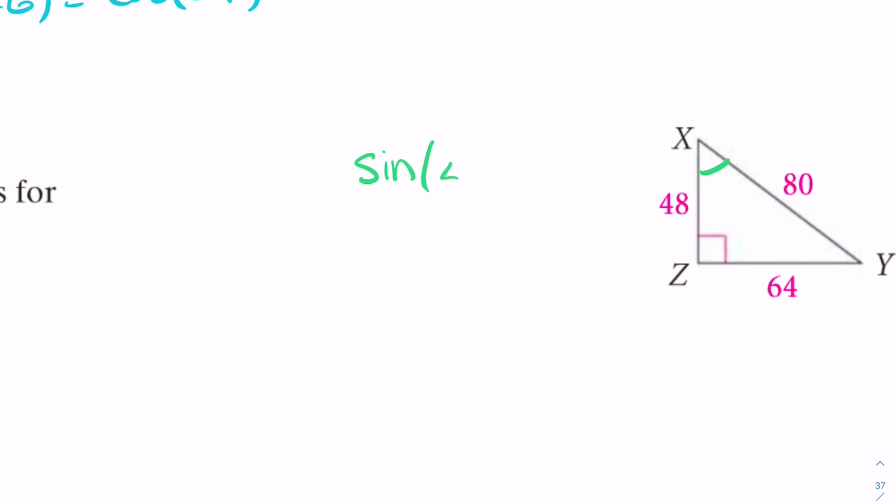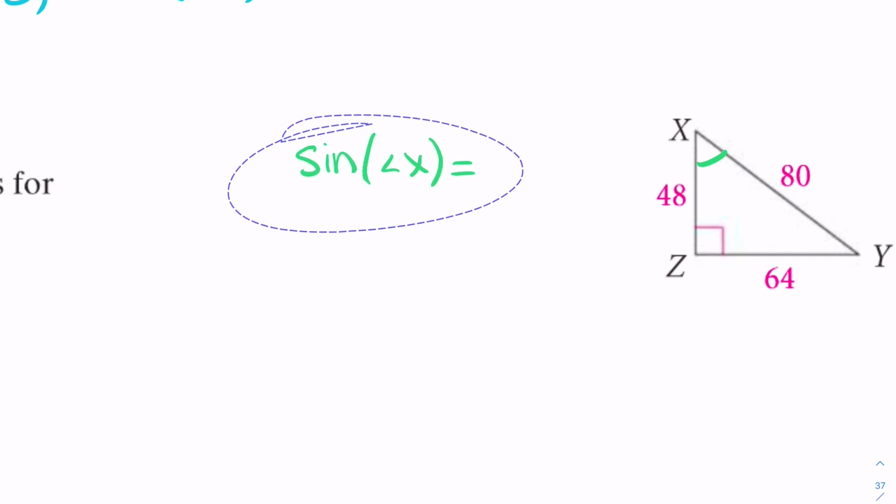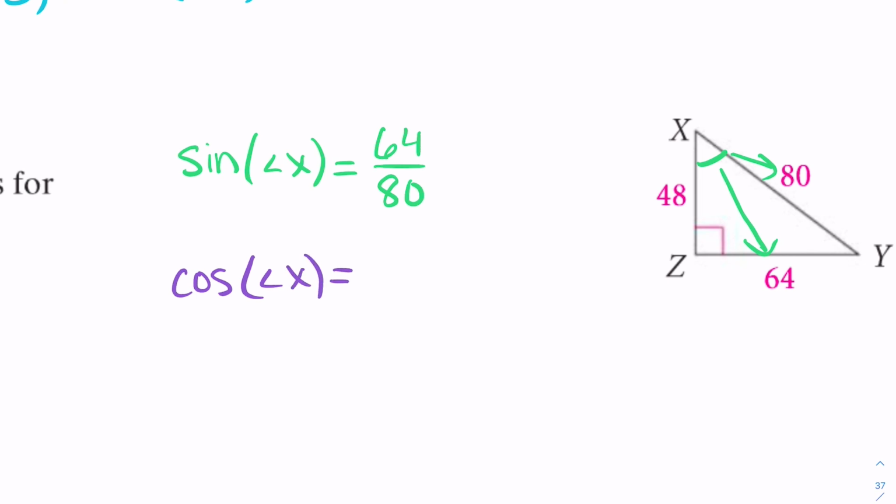So sine of angle x is going to be equal to, let's just write them and then we'll simplify them later, 64 over 80, because it's opposite over hypotenuse. And the cosine of angle x is going to be equal to the adjacent over the hypotenuse. So that's going to be 48 over 80.